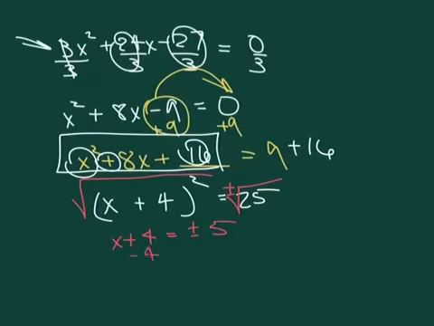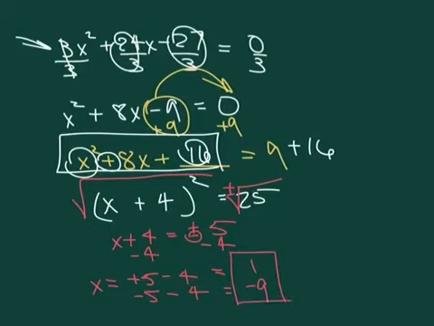Subtract 4, and we have x equals positive 5 minus 4, or negative 5 minus 4. So that's going to be 1 or negative 9 as your two answers there. Okay? Alright, let's keep going.